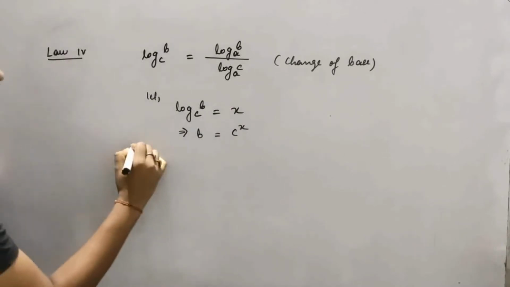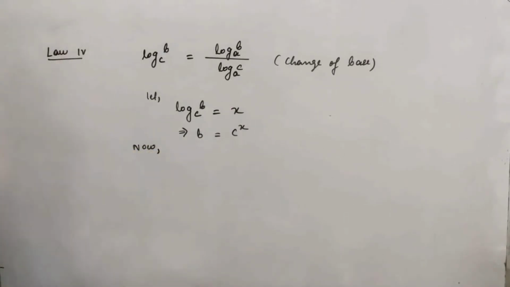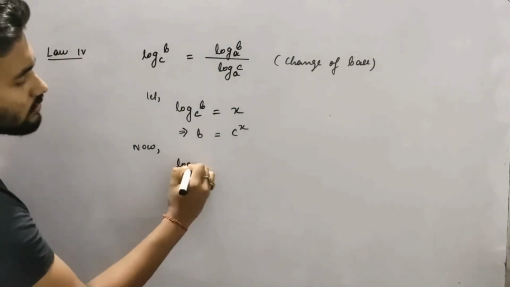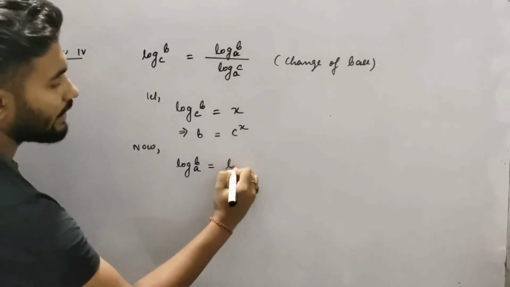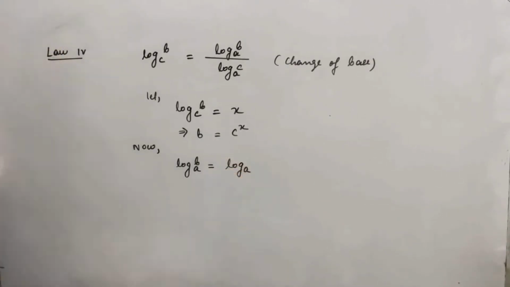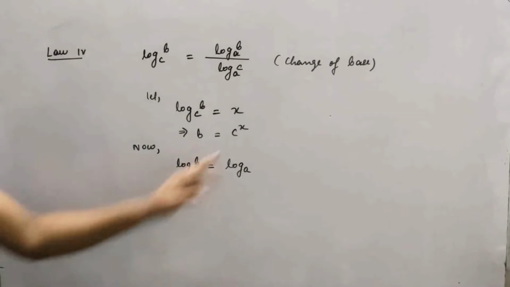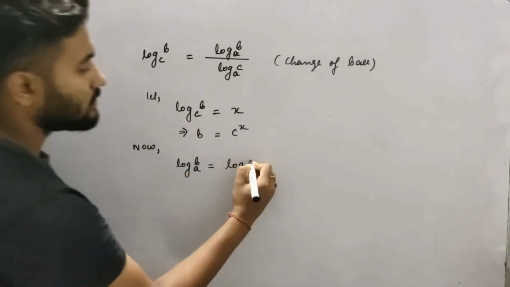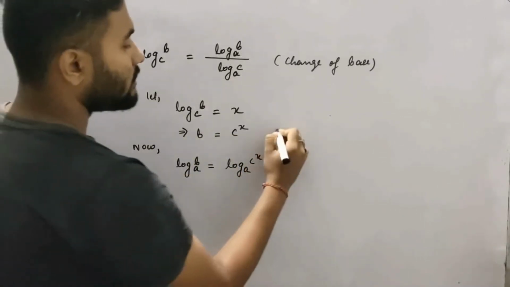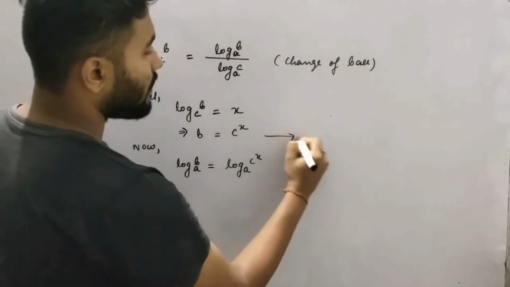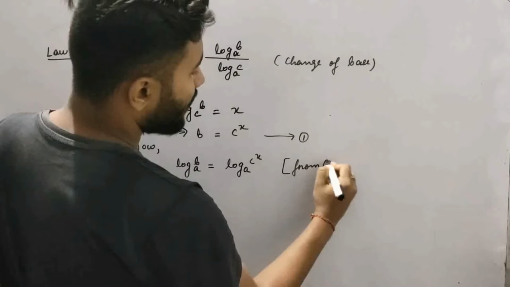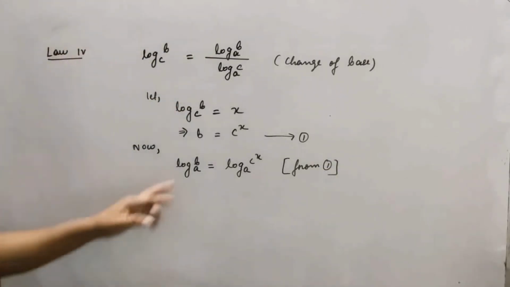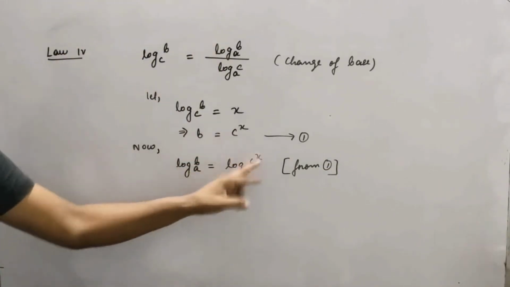Now consider this one, log b base a. Now log b base a will be equal to log a, and in place of b I can write c to the power x. This one you give as equation 1. Over here you write, from 1, very simple, in place of b I have written c to the power x.